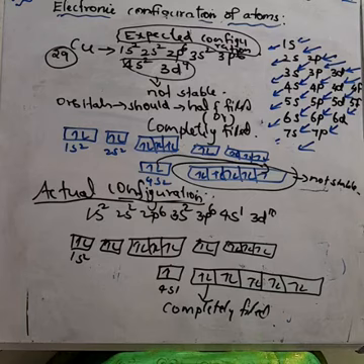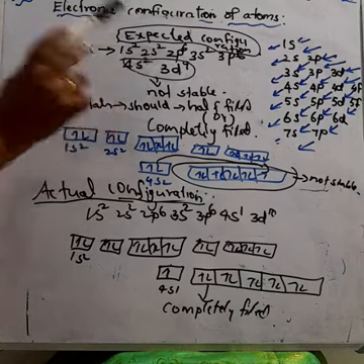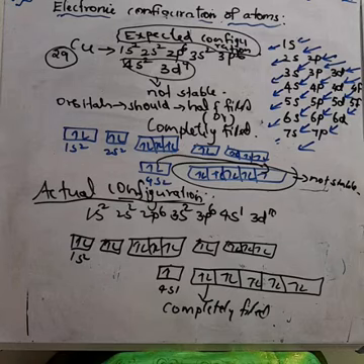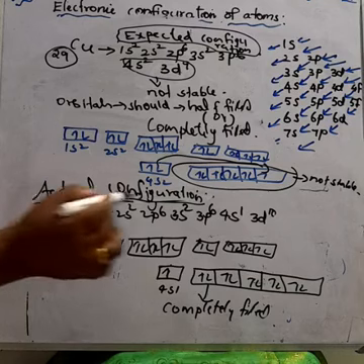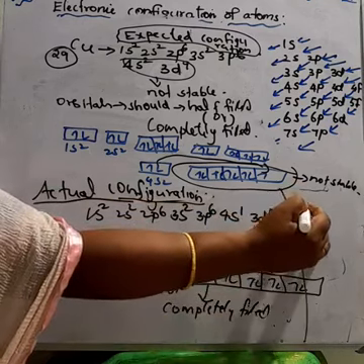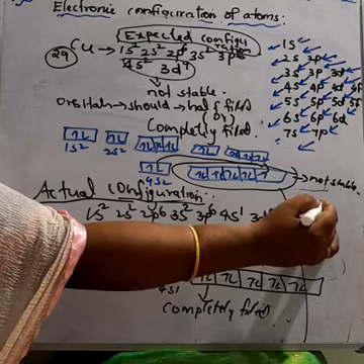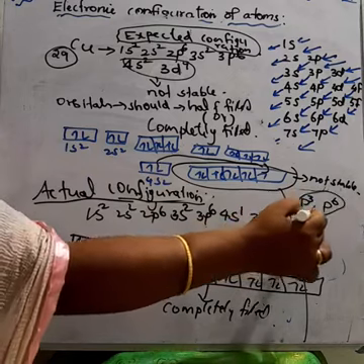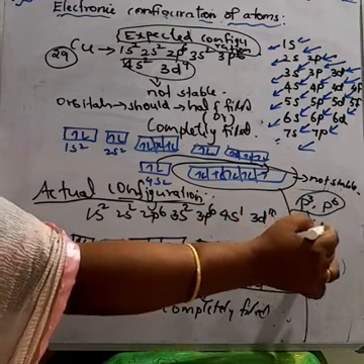Due to stability, one electron from the 4s orbital in chromium and copper shifts to attain the half-filled and completely filled configuration respectively. Understood? For the p orbital, 3 electrons give a stable half-filled configuration, and 6 electrons give the completely filled stable configuration.